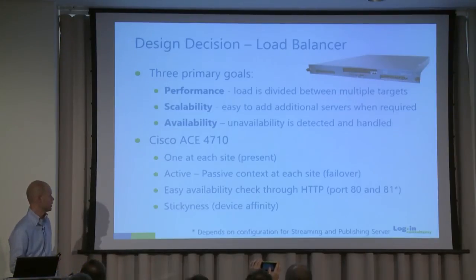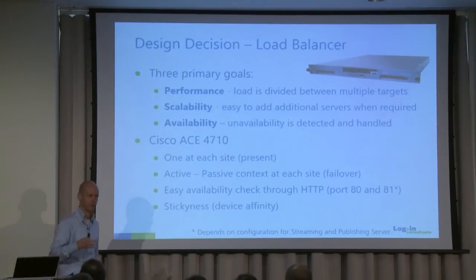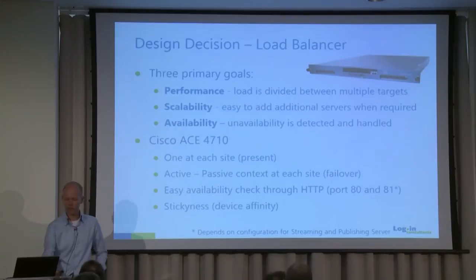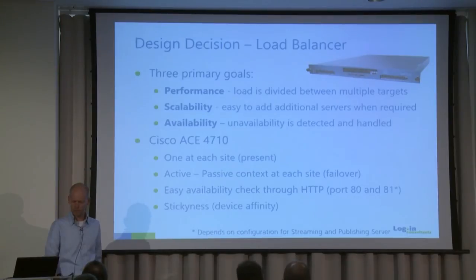This company had an existing Cisco ACE. We created an active-passive context on each of the sites, so each of the servers could take over. It was actually very easy to configure. To measure availability for the load balancer, it's all HTTP traffic, so it's very easy for load balancers to measure that traffic. Just select the right ports.